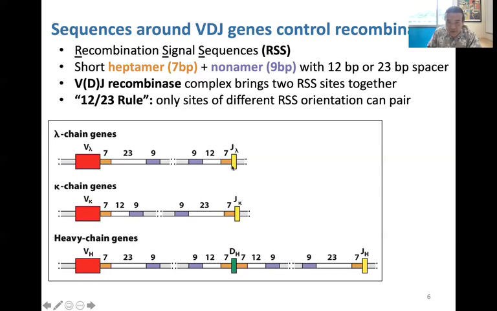Upstream of the chosen J block, you have the heptamer here, then 12 base pairs of random DNA, and then the nonomer.